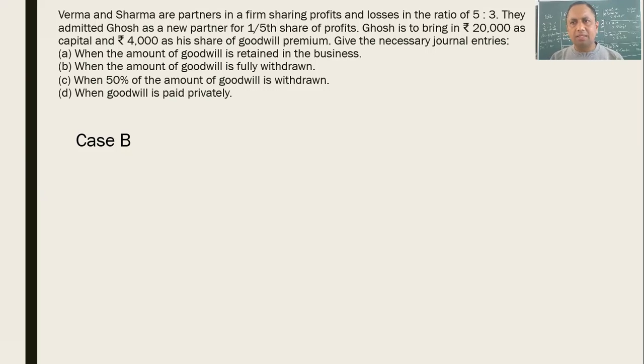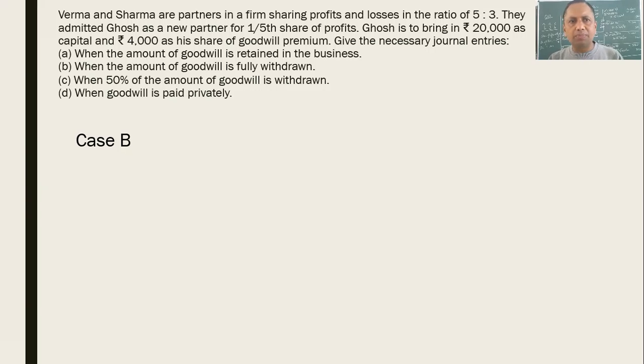And after that, one new entry is passed for the cash withdrawn of goodwill, which is in the second case when the amount of goodwill is fully withdrawn. Means the amount of goodwill brought by Ghosh, 4,000, is fully withdrawn in cash.